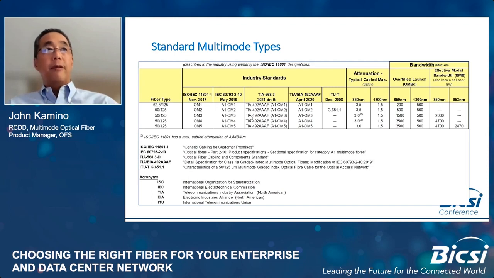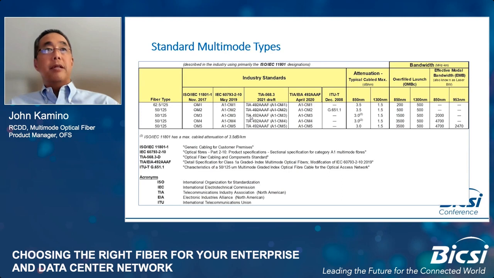But the primary difference between OM3 and OM4 and OM5 fiber is shown on the far right, where we talk about the effective modal bandwidth, or the laser bandwidth of a multimode fiber. That laser bandwidth is really the information carrying capacity of the fiber.